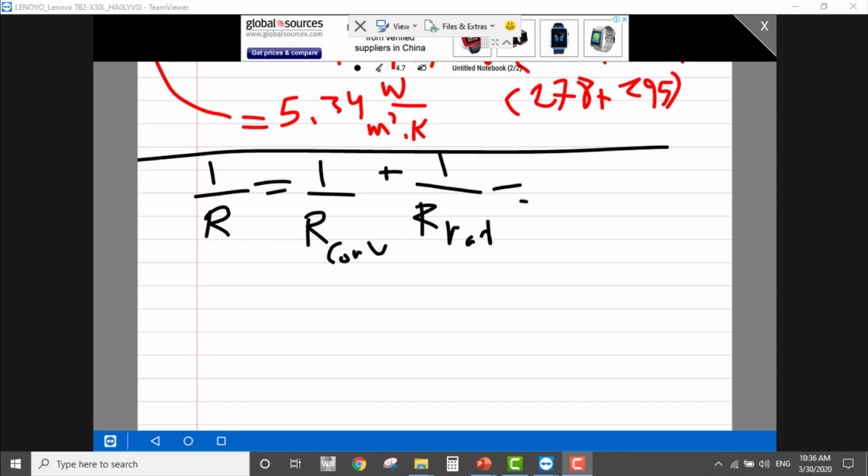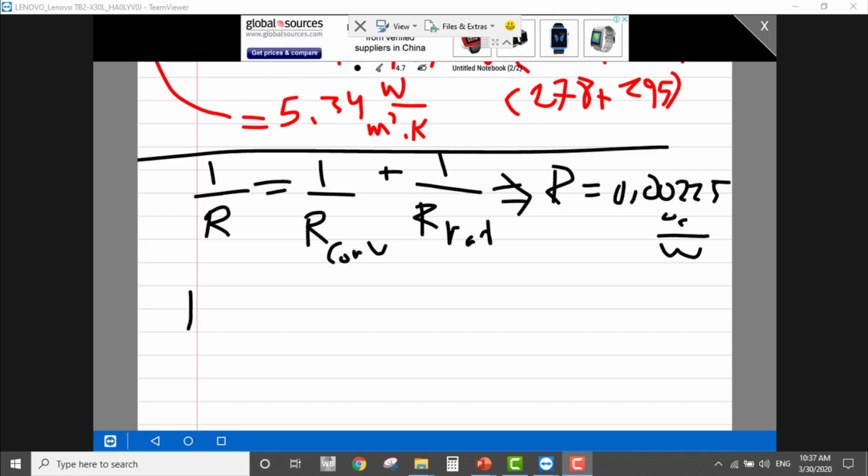And from here, the resultant resistance from these two parallel resistors equals 0.00225 degrees Celsius per watt. Always remember to write the unit.